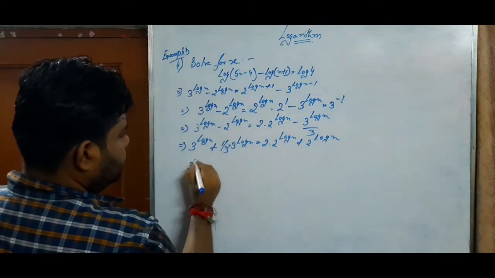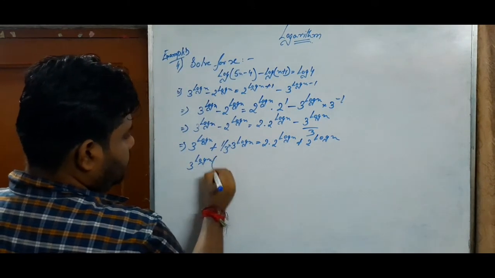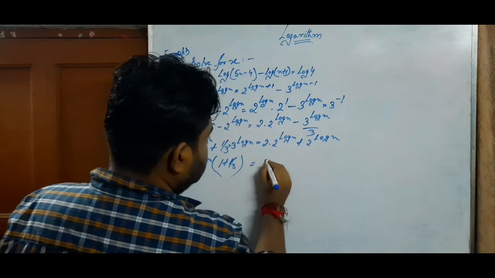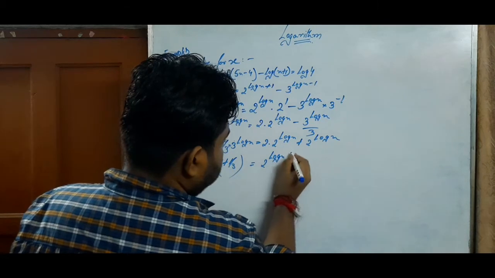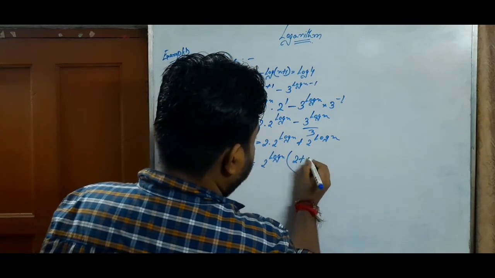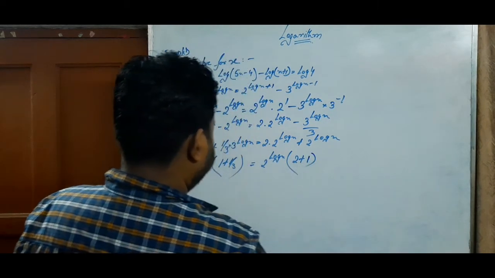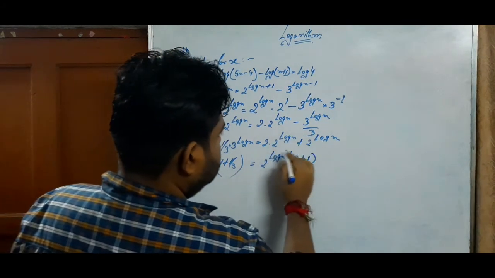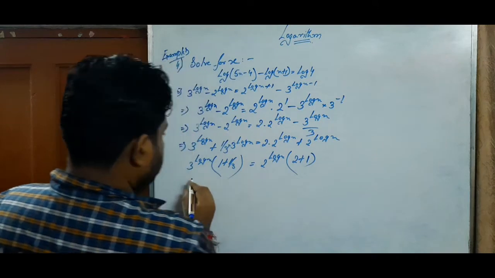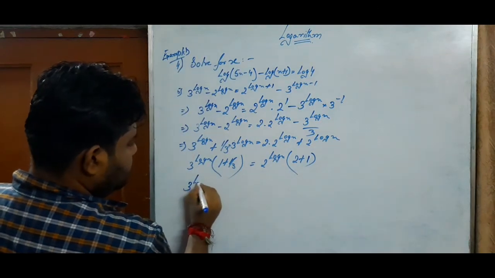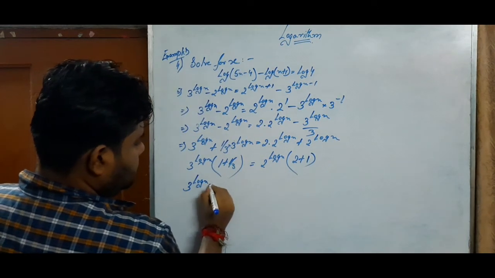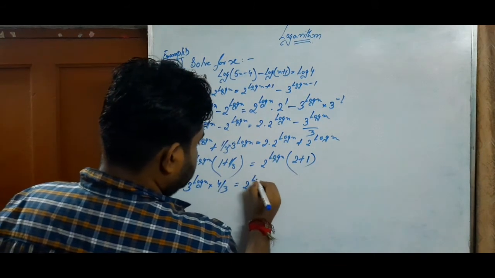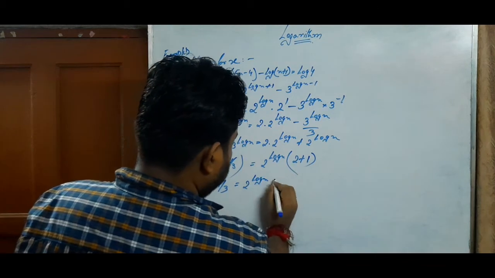Now 3 to the power log x you can take common, that is 1 plus 1 by 3, equals 2 to the power log x is common, that is 2 plus 1.